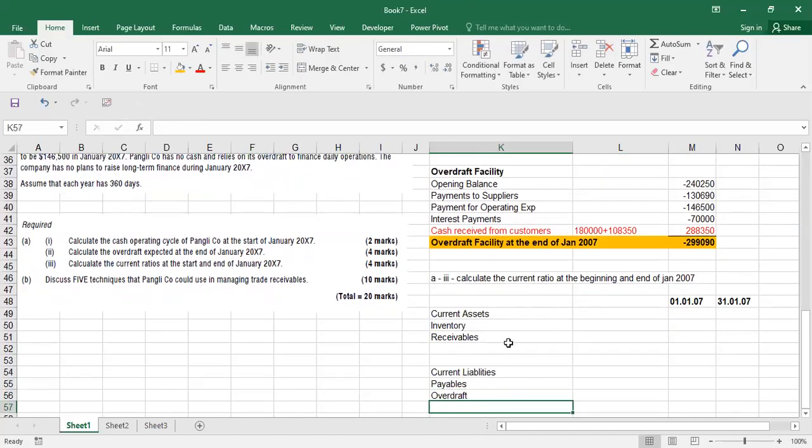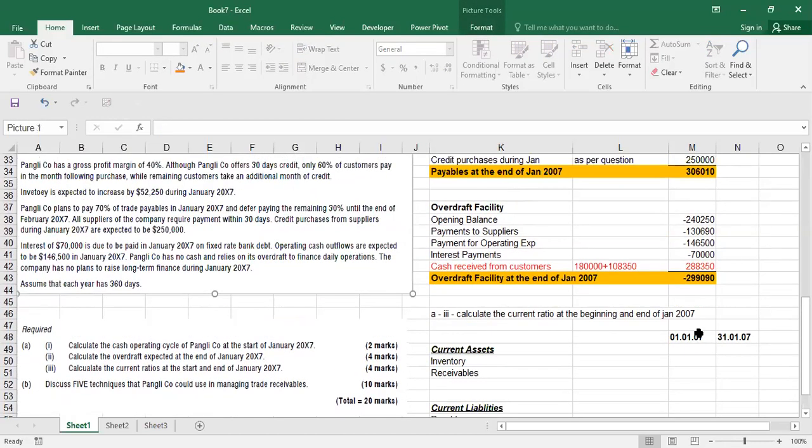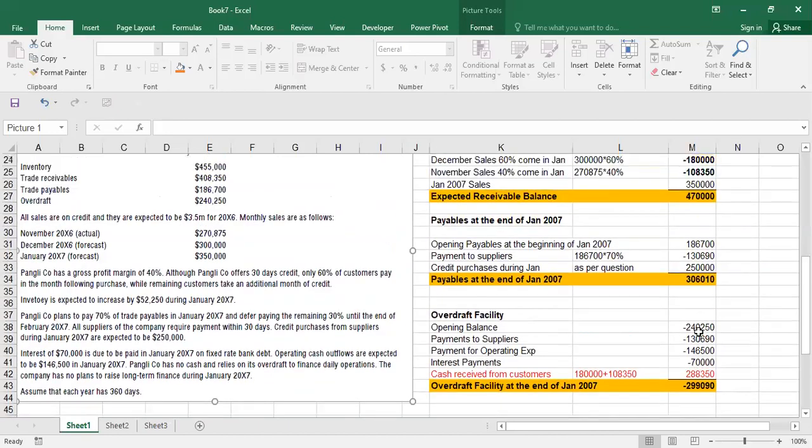So these are the numbers we need to put in. These numbers are there, we just need to put them into place. For example, how much was the inventory at the beginning? They told us that inventory at the beginning is 455,000 and receivables are 408,350.